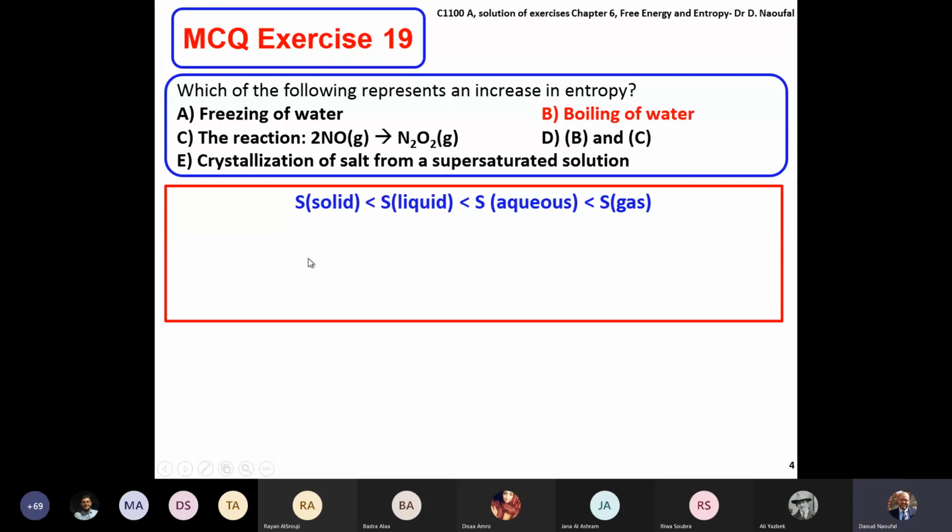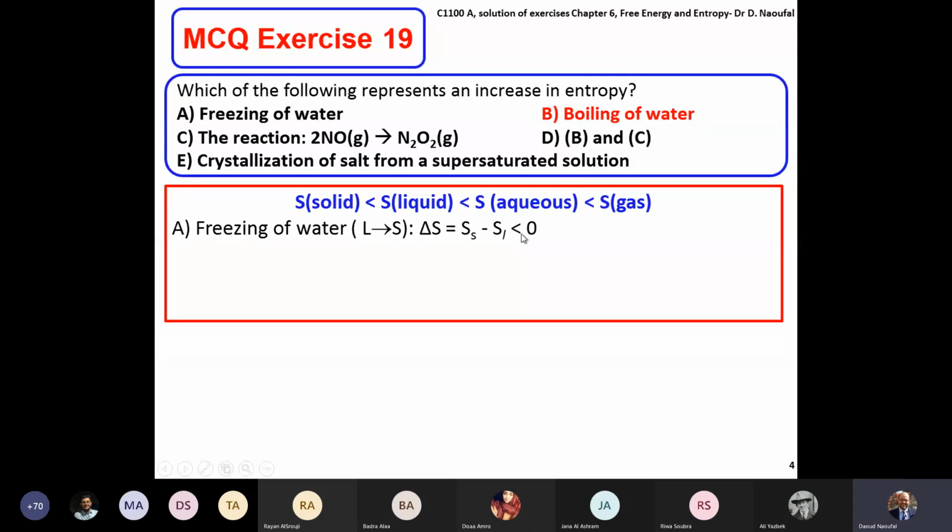So I will analyze each of the statements. In A, we have freezing of water. Freezing means we pass from liquid to solid. So we pass to a more ordered state, which is the solid. So in this case, S final is less than S initial, and delta S is negative.